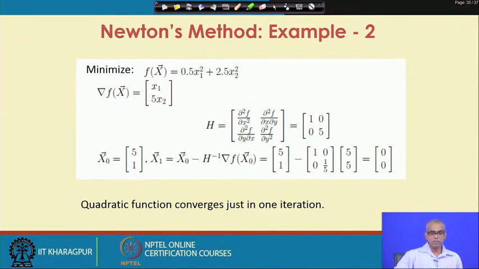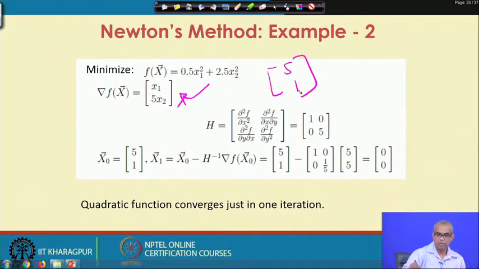My starting vector is 5 1. So, the gradient will be 5 1, x 1 equal to 5, x 2 equal to 1.